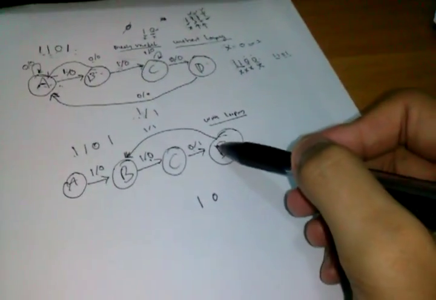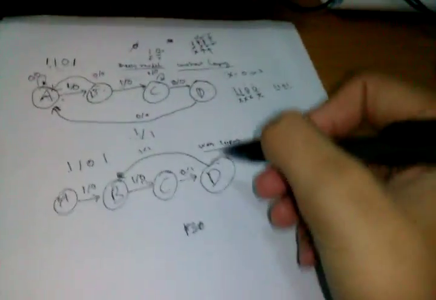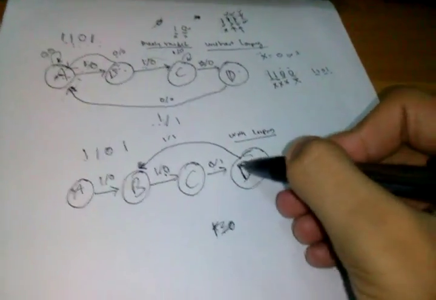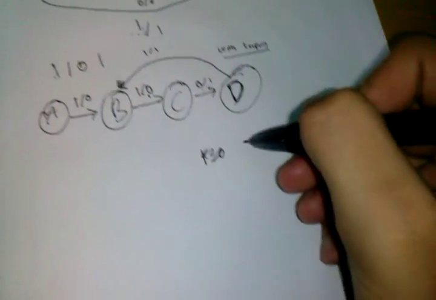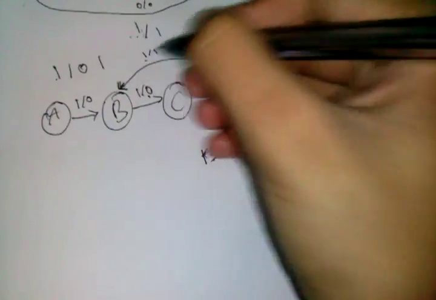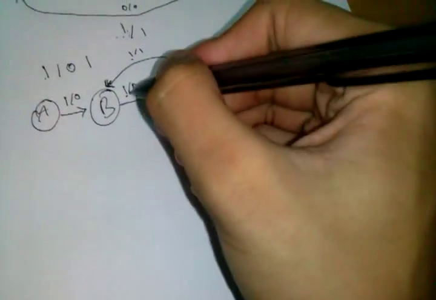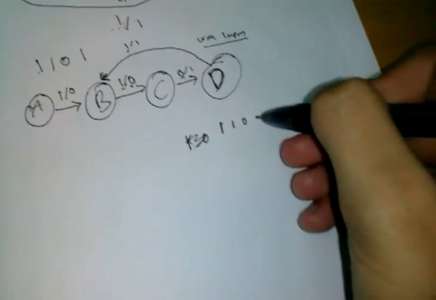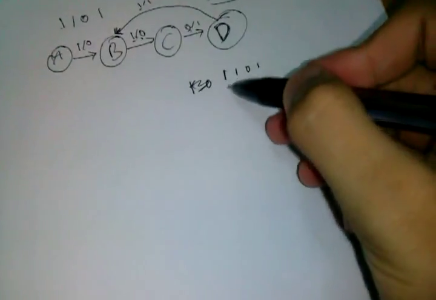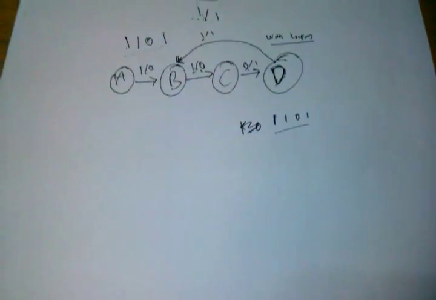If this D gets, we start from D. Okay, we start from D. If D gets 1, so 1 1, and then it comes to B again, B 1 and 0 and 1 again. So it has to reach the same thing like this.